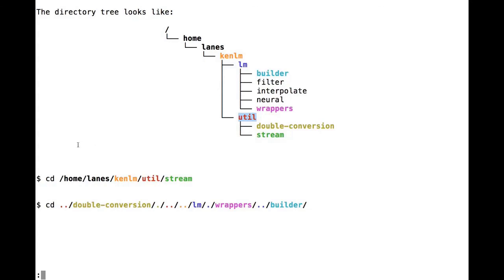Double conversion is a subdirectory of util. Thus, given that stream is the current working directory, ../double conversion refers to the subdirectory colored in gold in the tree: /home/lanes/kenlm/util/double conversion.